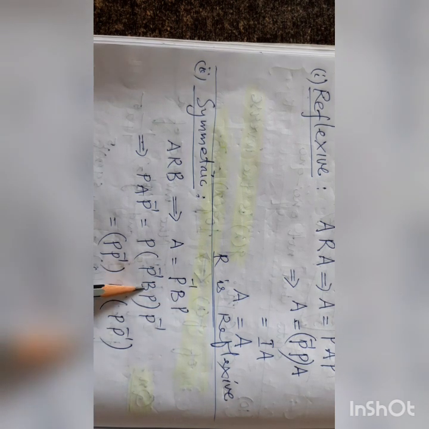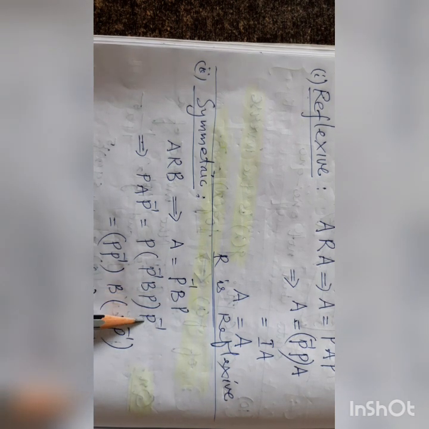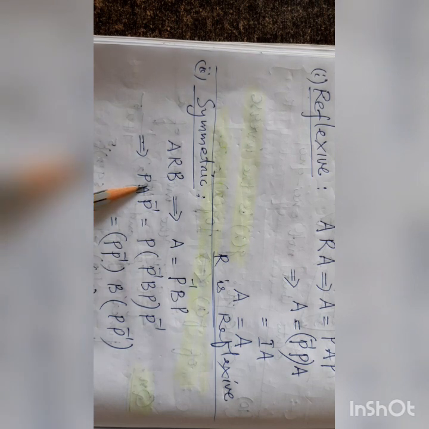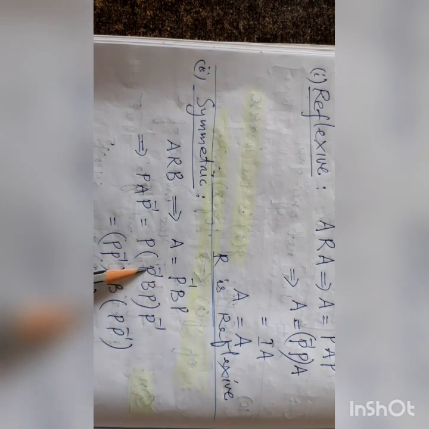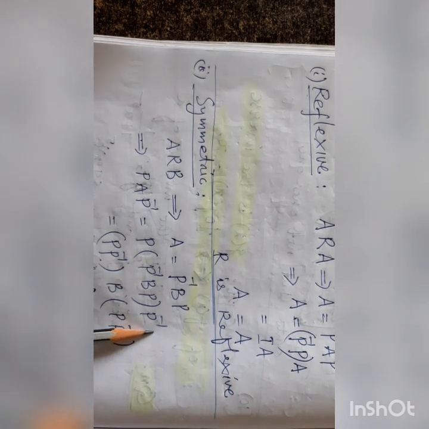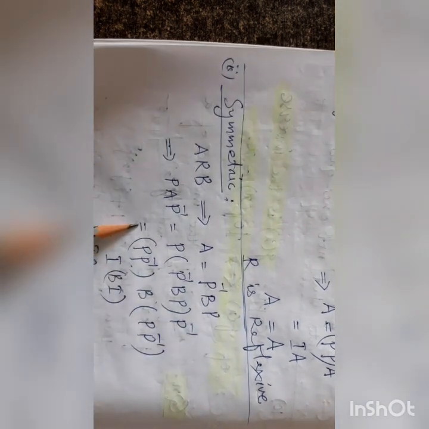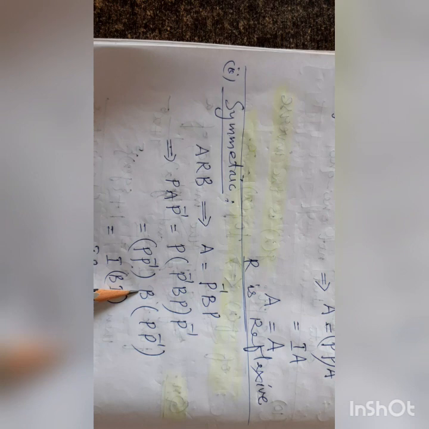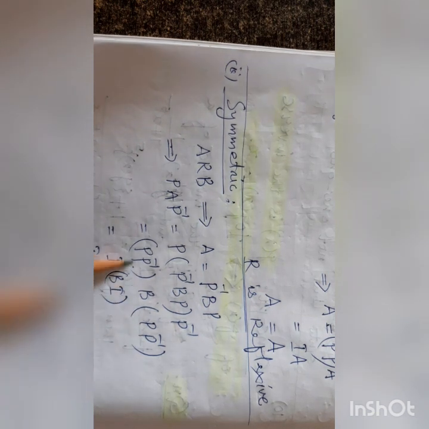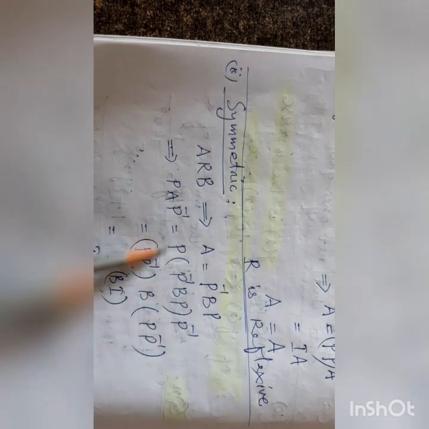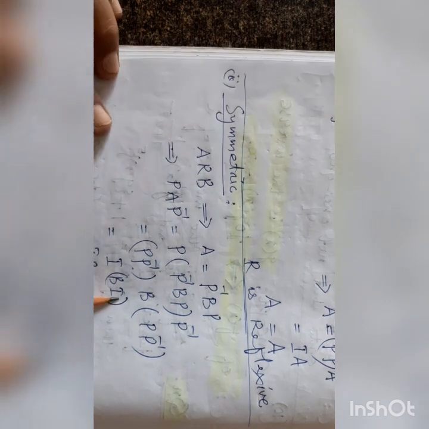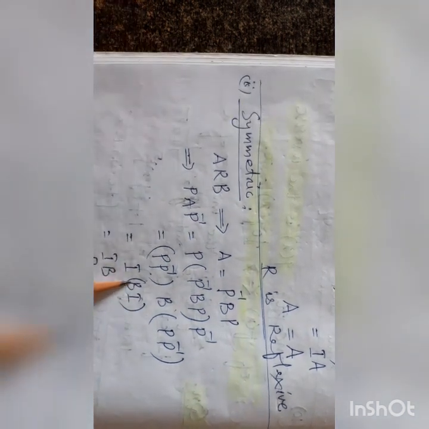So P times P inverse BP times P inverse. What is this? P P inverse, B, P P inverse. Can we write like this? Yes, I have separated P P inverse and B. This is I, so it is BI.